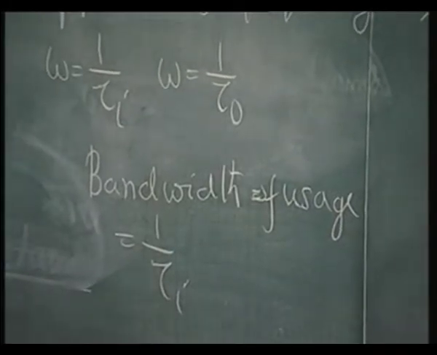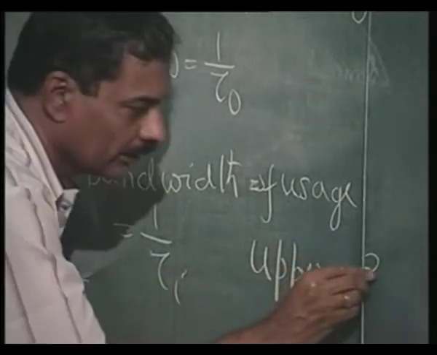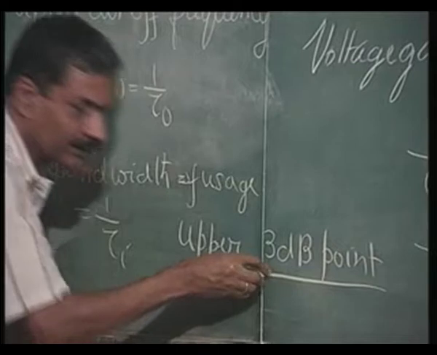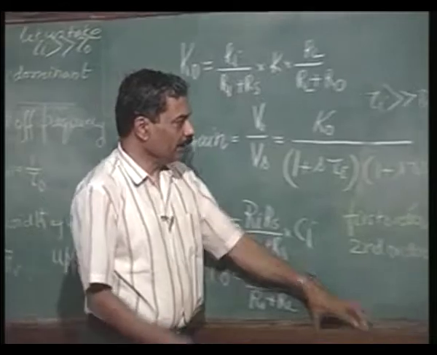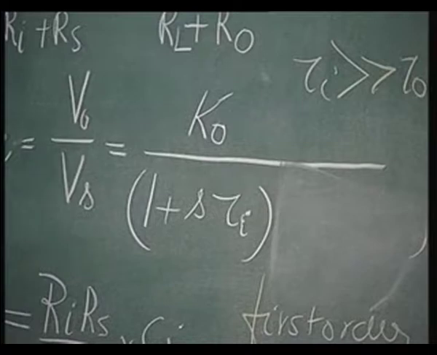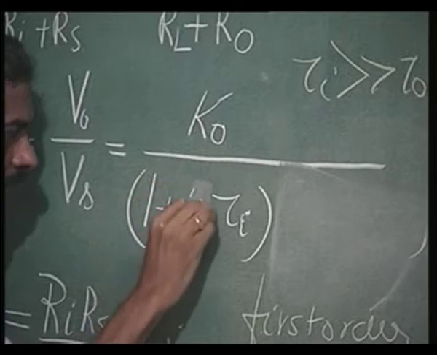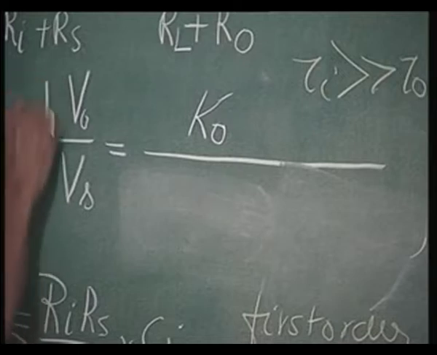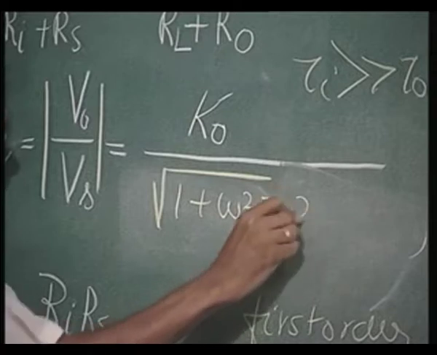It is also called upper 3 dB point. Why this? Let us understand that. If this is negligible, then this is the one that fixes up the attenuation, and s is equal to j omega you are going to put, and therefore the magnitude function for this is going to be root of 1 plus omega squared tau I squared.